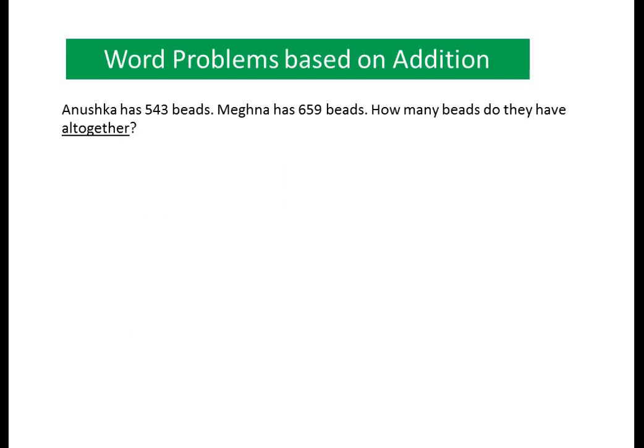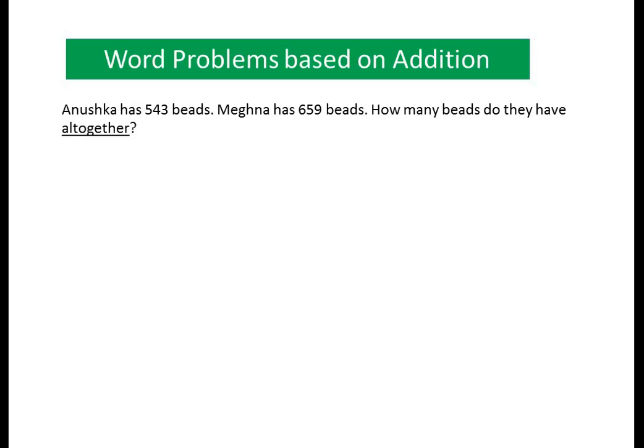Anushka has 543 beads. Meghna has 659 beads. How many beads do they have altogether? Which operation will you do so as to find out the solution of the given problem?